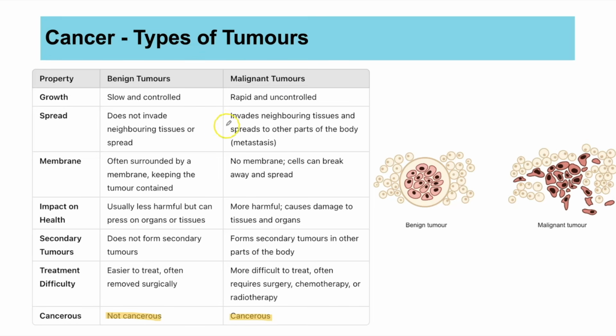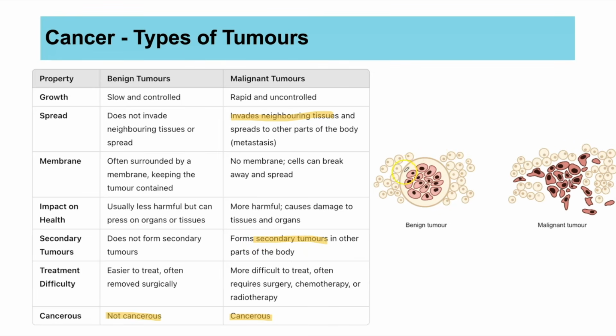And malignant or cancerous tumours can invade neighbouring tissues. So we can see here in a malignant tumour, shown in here, those red cancer cells, these can break apart from the tumour and then they might travel in the bloodstream and then lodge into another part of your body and cause another tumour, which is known as a secondary tumour.